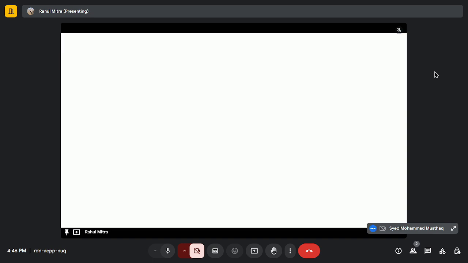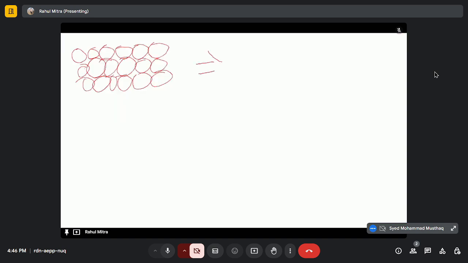So for example, if I have a 100 surface, if I take the simple cubic, for example, this is the 100 surface. If I draw a simple cubic, it will look like this.